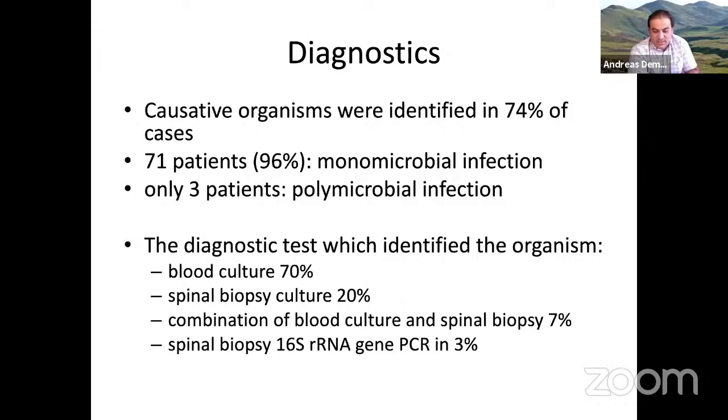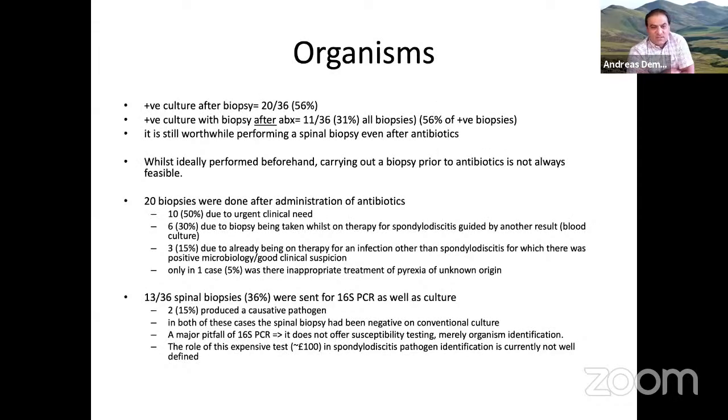Spinal biopsy, only 20%. A combo of those two, 7%. And in very few cases, we did a 16S RNA PCR. So let's translate that into some numbers. Positive culture after biopsy, 20 out of 36 is only 56%, not high.